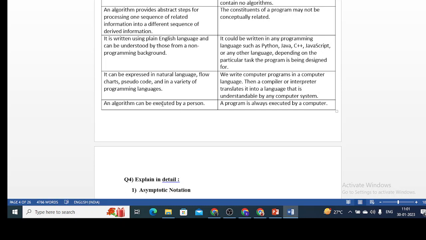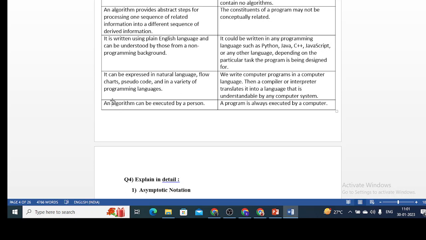An algorithm can be executed by a person. Here we require a computer for execution. Now you can also write a few more points. An algorithm is written during the designing phase, whereas a program is always written during the implementation phase.